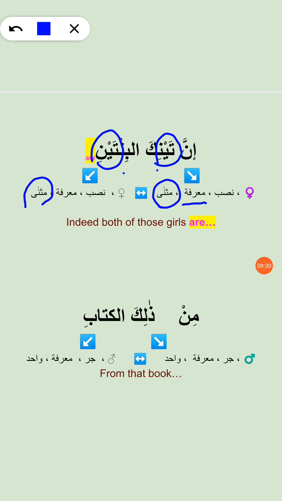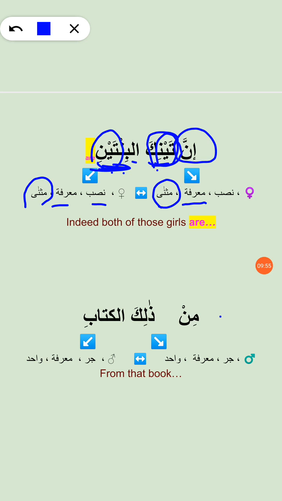The ism ishara is marfa by default, and of course this is marfa because of this al. Then of course this is nasab. Why is this nasab? This is nasab because this ism ishara is nasab. Why is this ism ishara nasab? Because of this inna.